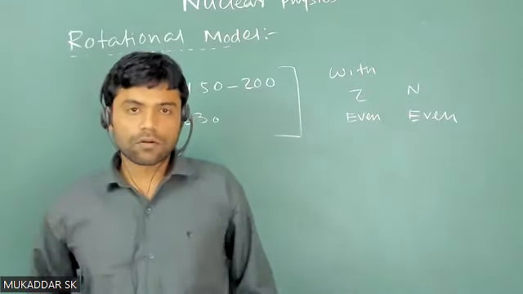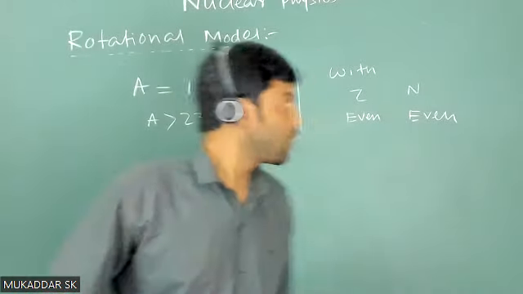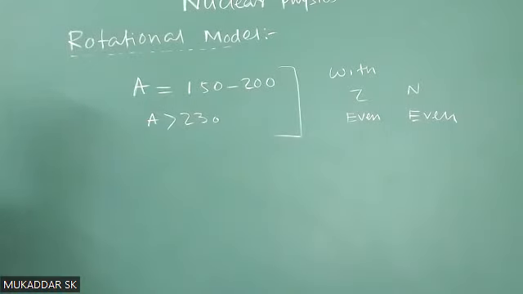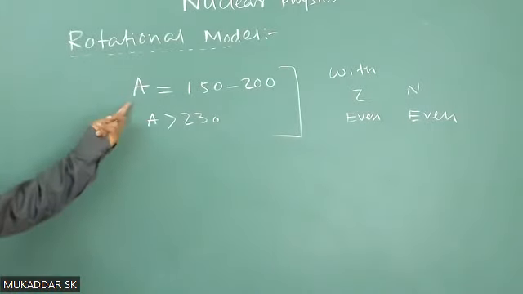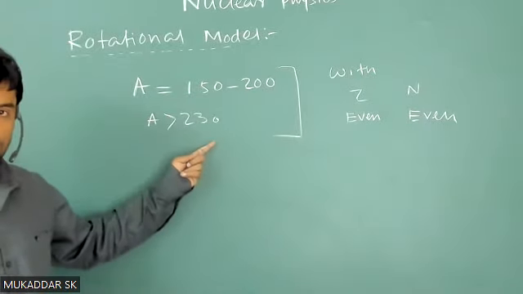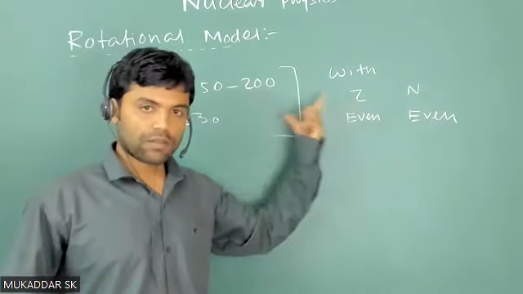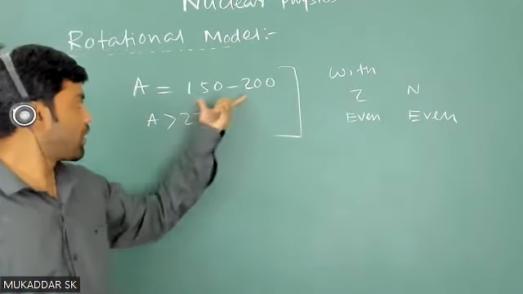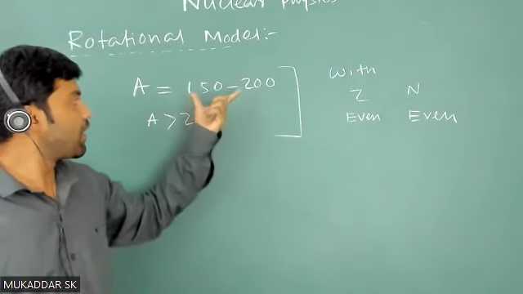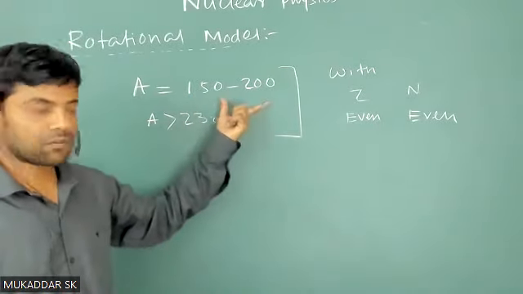So this rotational model is actually observable for nuclei having mass number between 150 to 200 or mass number greater than 230 with even combination. For this type of nuclei, mass number 150 to 200, that is also large, right?